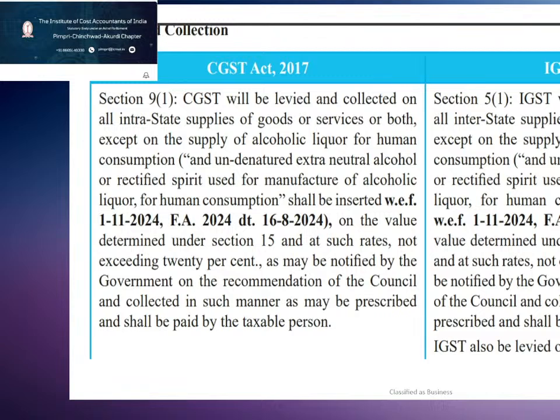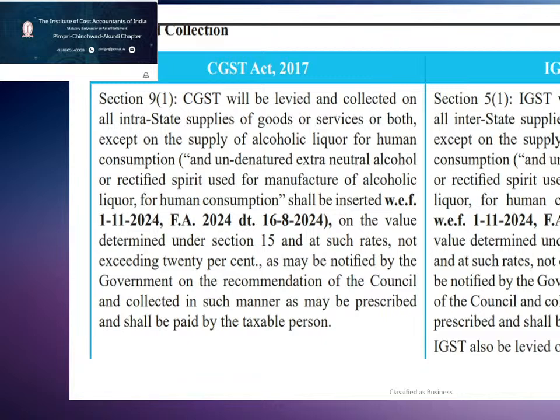In valuation you will understand what items we need to consider for GST purposes. That will be under section 15, at such rates not exceeding 20%, notified by the government on the recommendation of the council, collected in such manner as prescribed, and shall be paid by the taxable person.